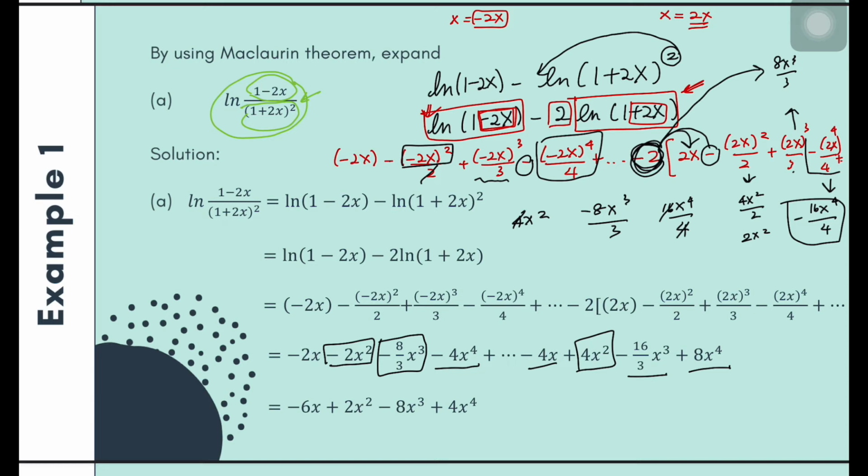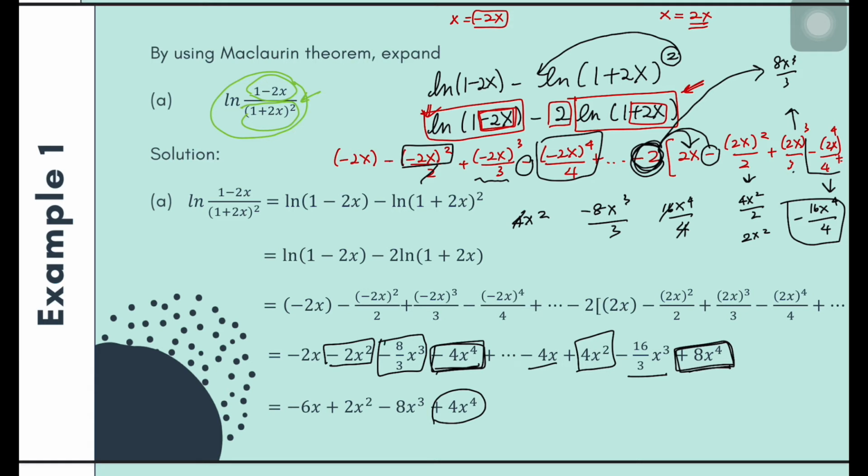Alright, so now you can simplify this equation by combining them. We start with the highest power: negative 4x to the power of 4 plus 8x to the power of 4 will give you positive 4x to the power of 4.